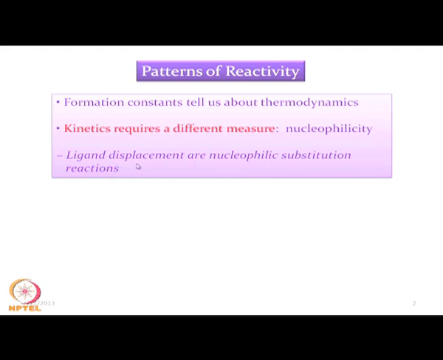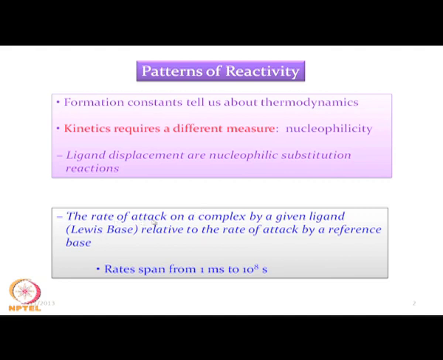In all these cases, the ligand displacement reactions are nucleophilic substitution reactions. So, one L is substituting another L which is attached to the nucleophile, that means the metal center. So, we get nucleophilic substitution reactions for these ligand substitution reactions.